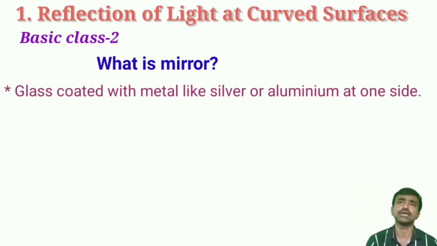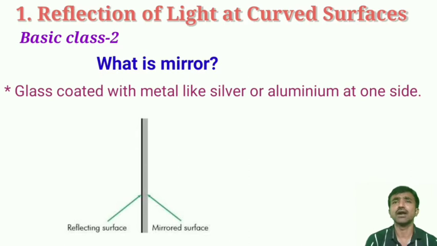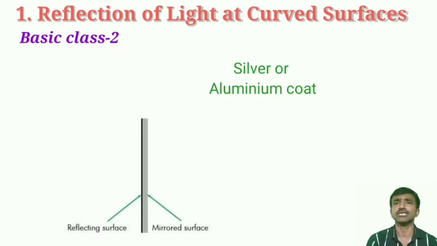When we coat that glass surface on one side, it makes the other surface a reflecting surface, so that it will reflect a clear image. Actually, the image is formed only due to reflection. We will discuss the formation of images in the ray diagrams. Generally we use silver or aluminum for the coating of the glass surface to convert it into a mirror.